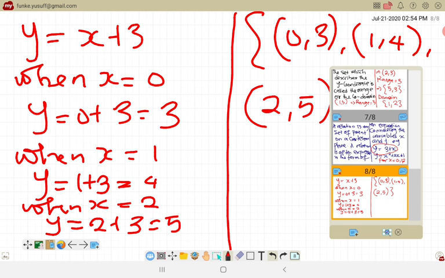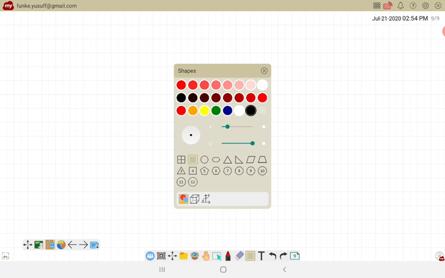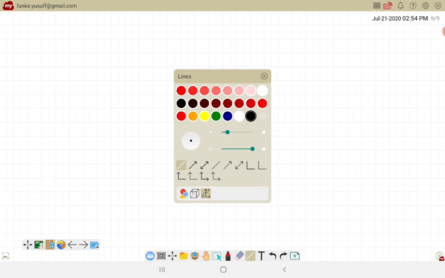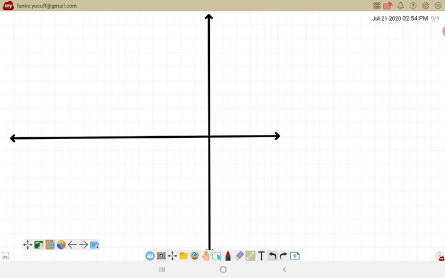Now let us plot these points on the Cartesian plane. We are going to draw our x-axis and y-axis correspondingly. Are you following? This is the x-axis and this is the y-axis.